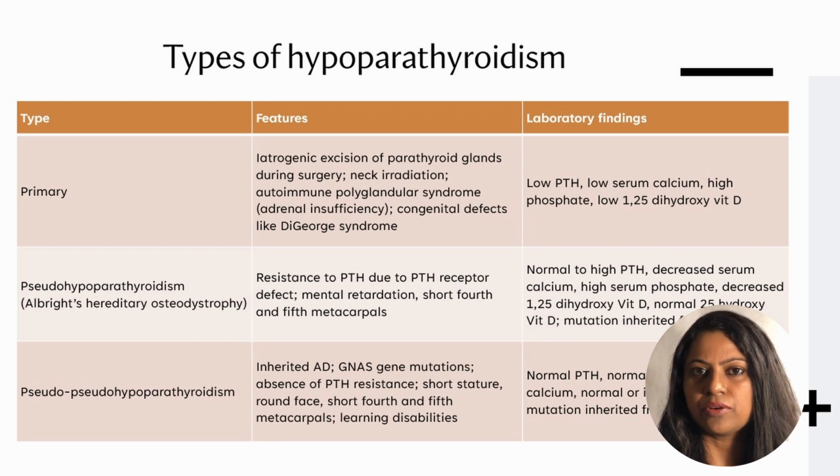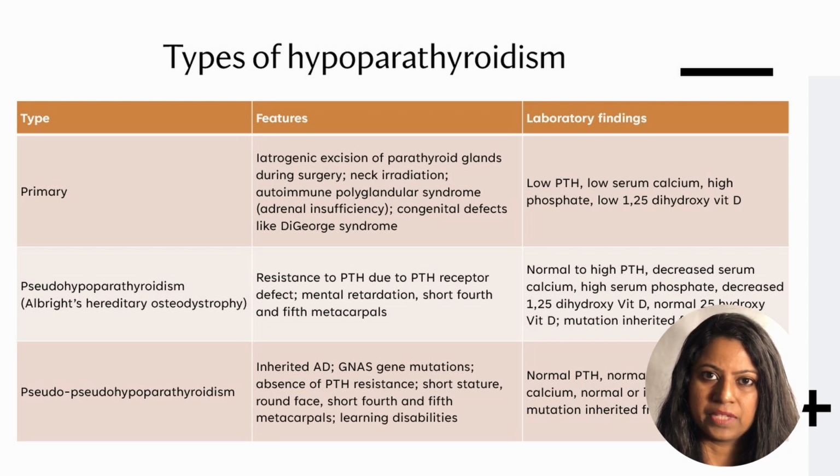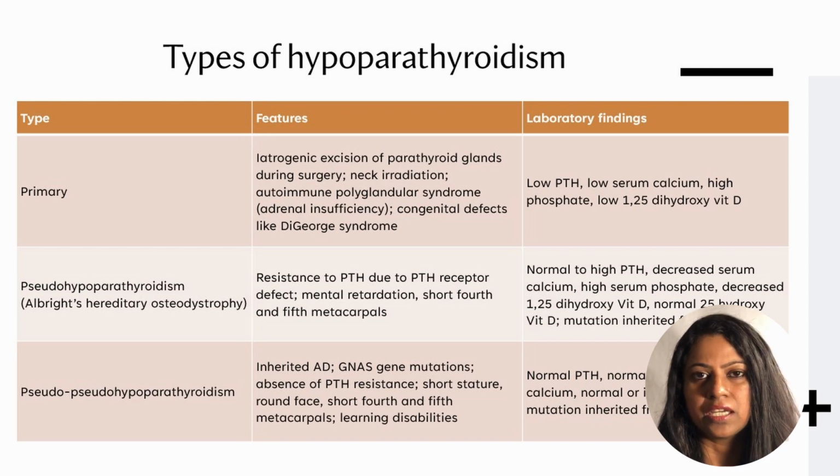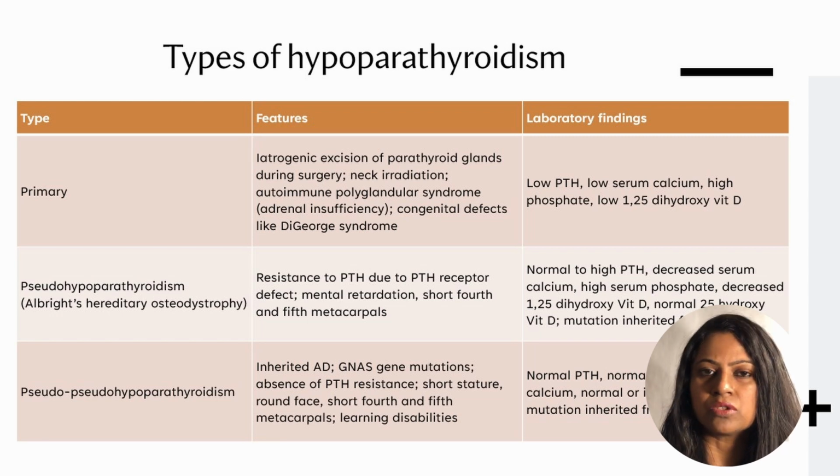Pseudopseudohypoparathyroidism is an autosomal dominant disorder that is inherited from the father, and it shows mutations in the GNAS gene. There is no resistance to the effect of PTH in comparison to pseudohypoparathyroidism. The clinical features include mental retardation or learning disabilities, a short fourth or fifth metacarpal bone, just like in pseudohypoparathyroidism, a round or moon face, and short stature.